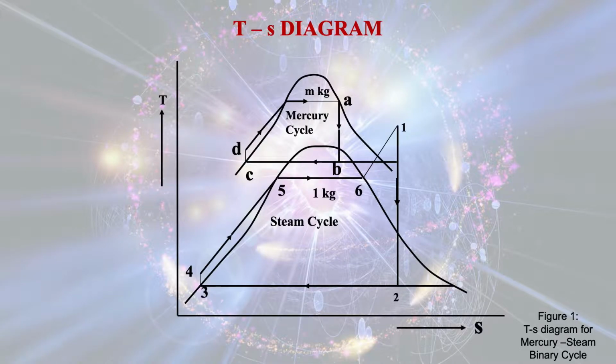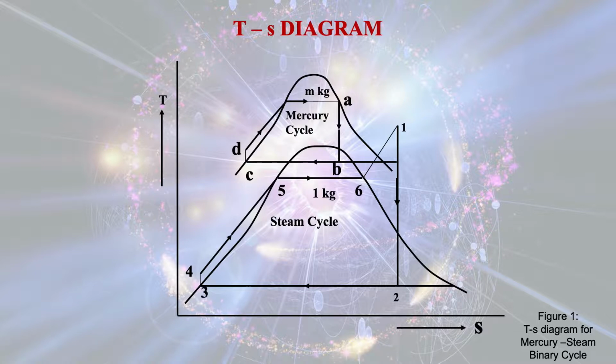Now this is the TS diagram, that is the temperature entropy diagram for the mercury steam binary cycle. There is a TS diagram for the topping cycle, that is the mercury cycle, and there is a TS diagram for the steam cycle.